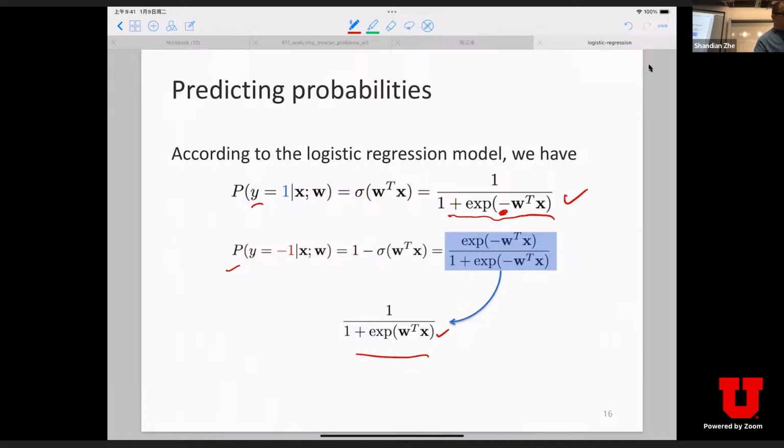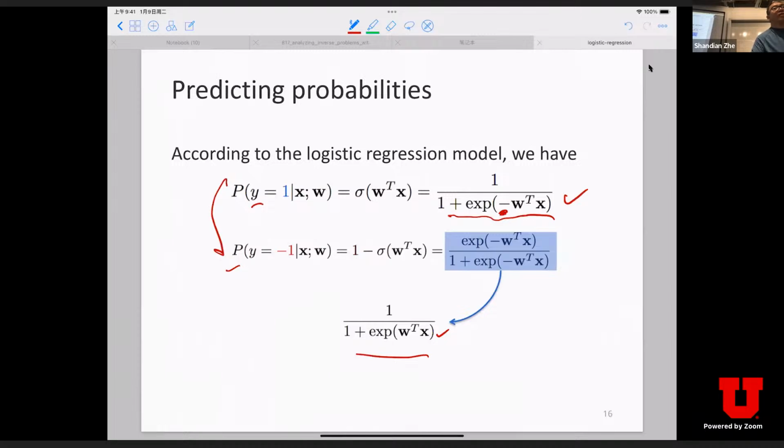Then what does it mean? It means that we can unify these two likelihoods together. How can I use one formula to represent the likelihood for both cases? Negative y or minus 1?